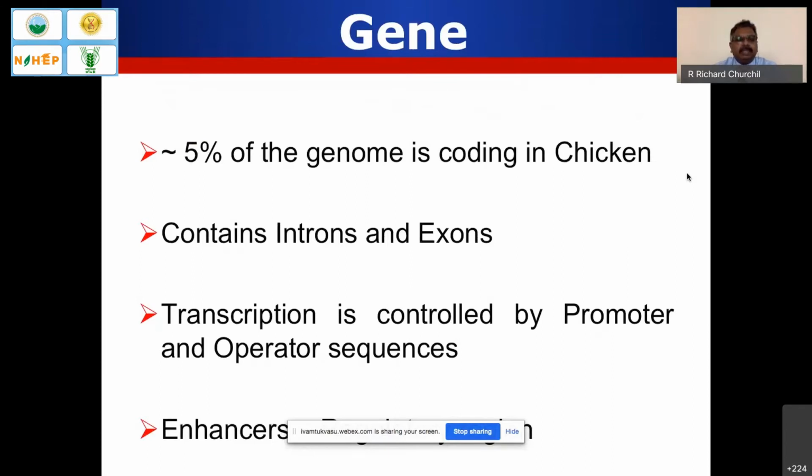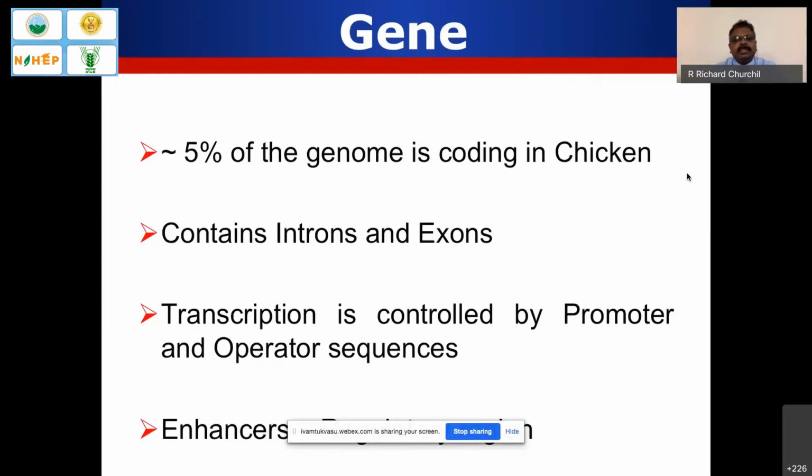So now, what is a gene? I told you, around 20,000 to 24,000 genes are there in chicken. And this gene contains some coding region, that is the open reading frame, and some regulatory sequences which lie outside on both sides, promoter, enhancer.